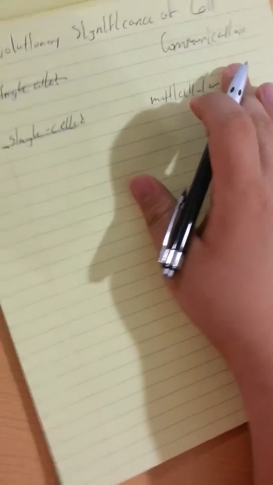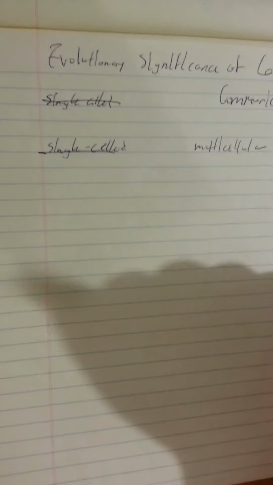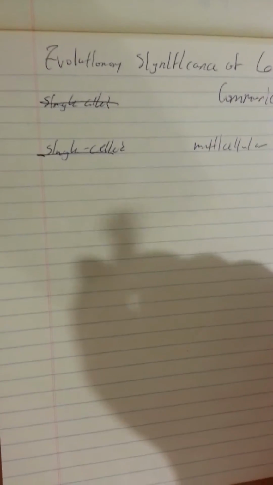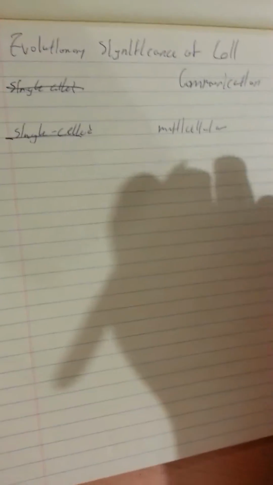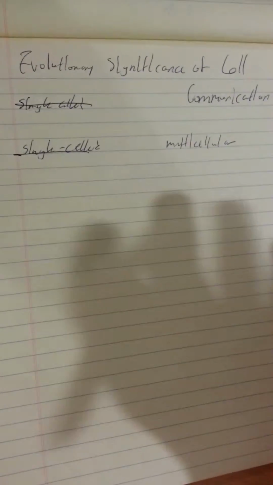I'm going to use examples like a single-celled organism, which will be a bacteria. Single-celled organisms respond to the environment, like quorum sensing, which is basically where one bacteria can sense if it's surrounded by other bacteria, and how many bacteria it's surrounded by.